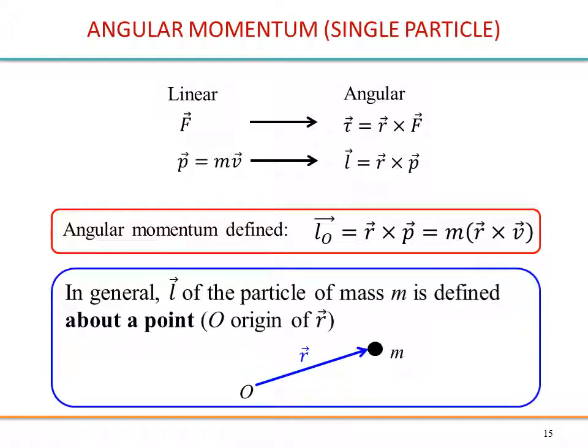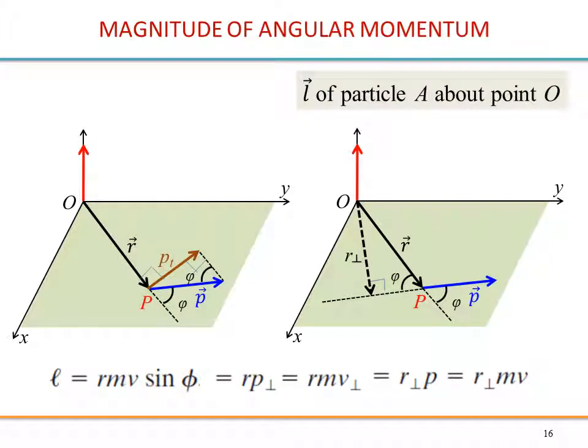One thing to be careful about is that L and the torque both are defined about a point, which is the origin of vector R. Okay, so the magnitude, how to calculate this angular momentum? It's just R m v sine phi because it's a cross product.